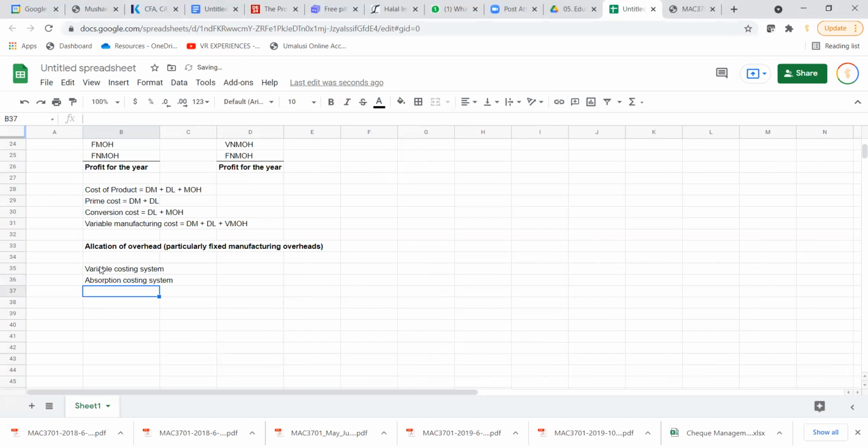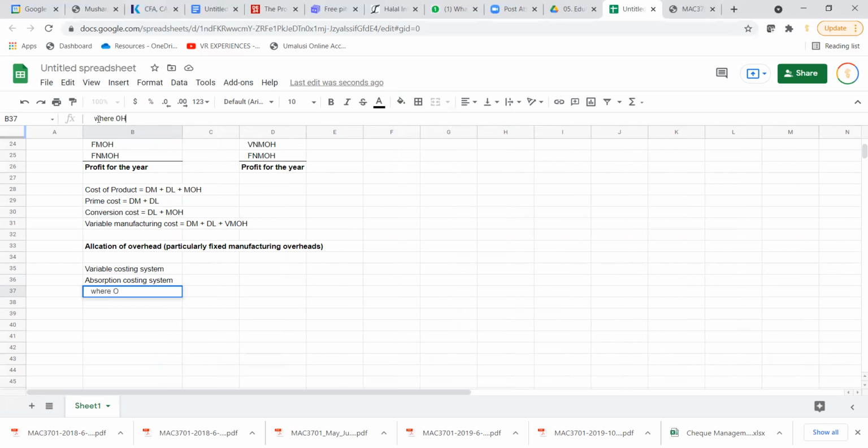What's important when it comes to the allocation of fixed overheads, the absorption costing system is broken up into two types. Okay, so the absorption costing system, what do I want to say?